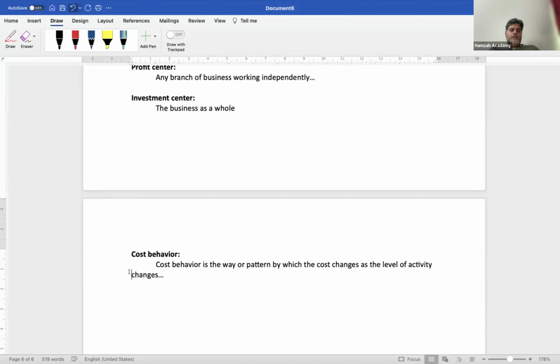So cost behavior is the behavior of the cost, or the pattern by which the cost changes as the level of activity changes.